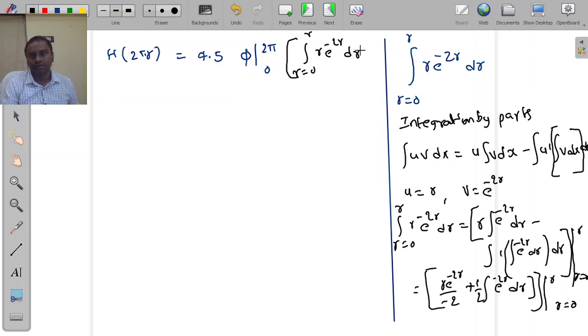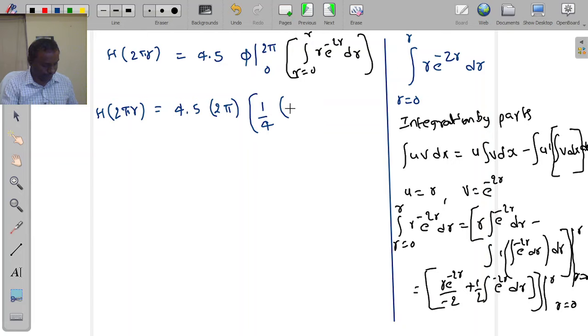r e power minus 2r into dr. Now this will become h into 2 pi r into 4.5 into 2 pi into 1 by 4 into 1 minus e power minus 2r minus 2r into e power minus 2r.